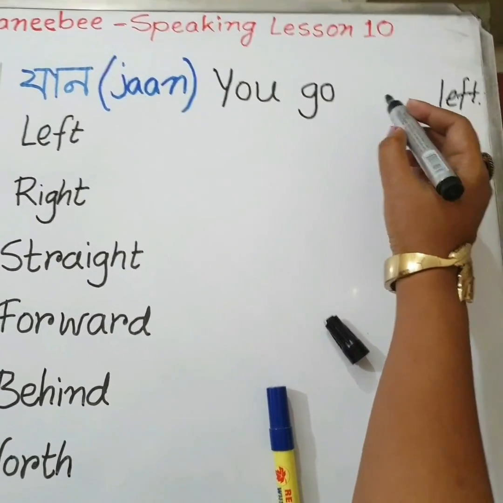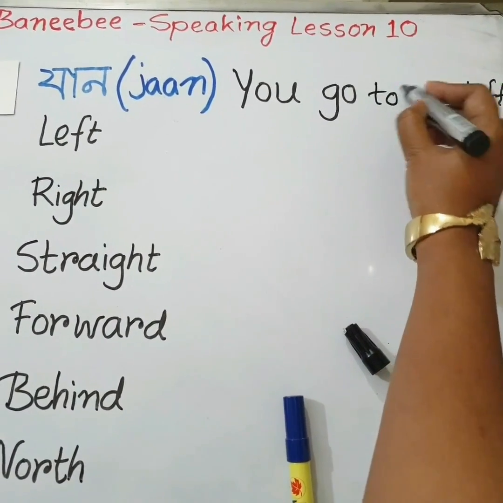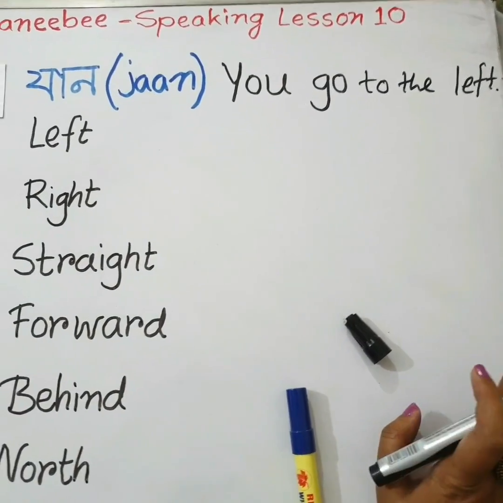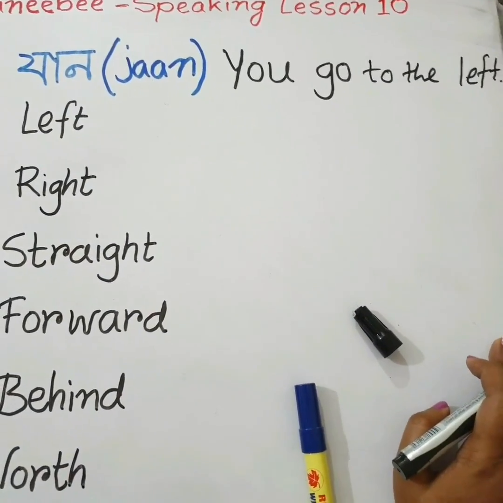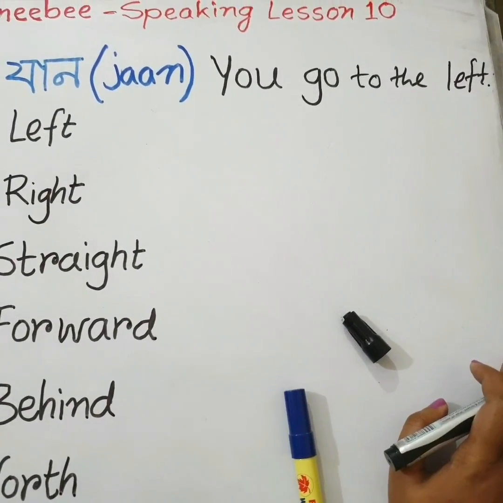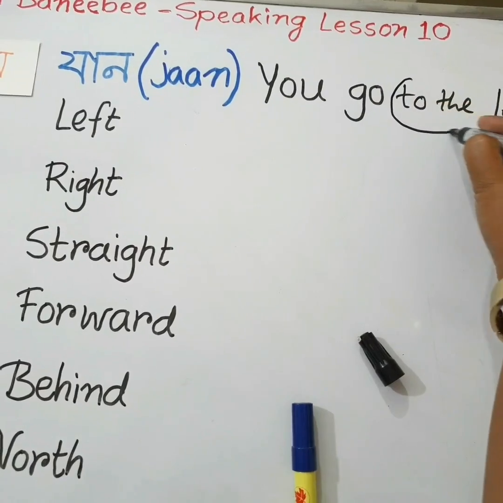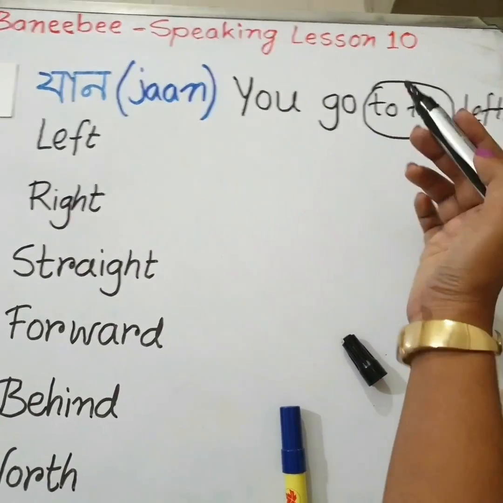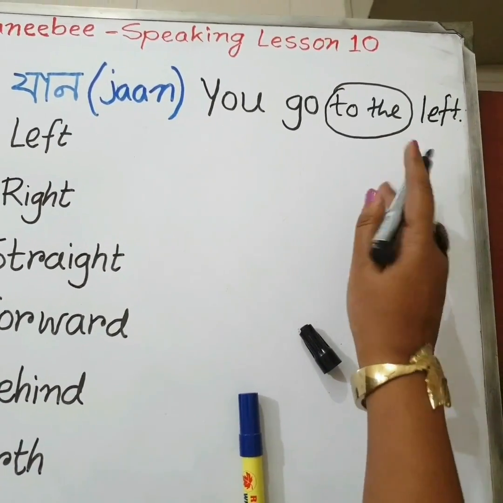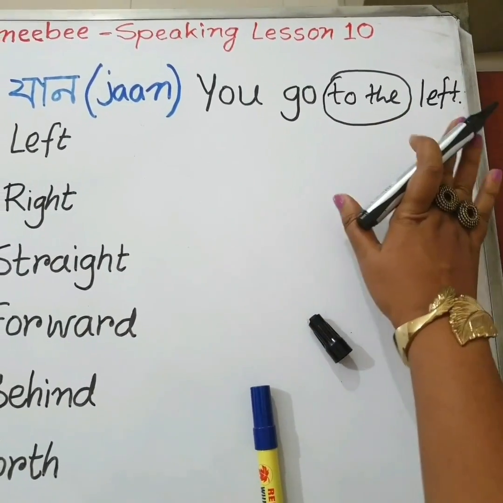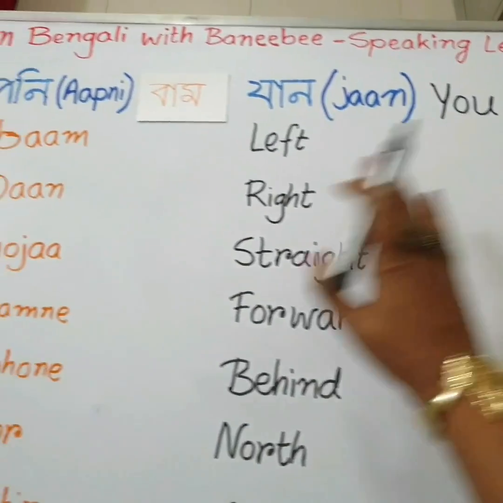And actually there is the "to the" here as well, right? In English sometimes you can say go left, but this "to the" is actually hidden here. Some people might use it, some people might not use it, but definitely you want that person to go to the left.